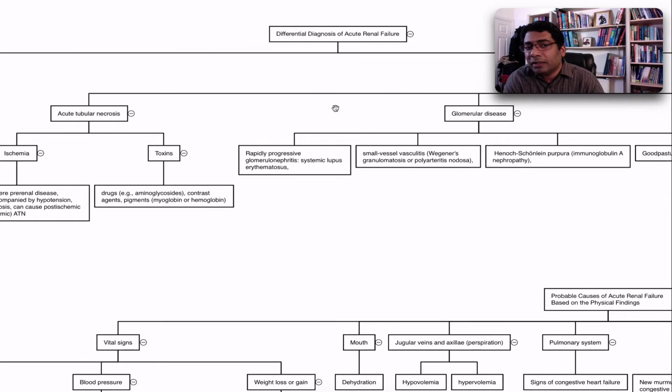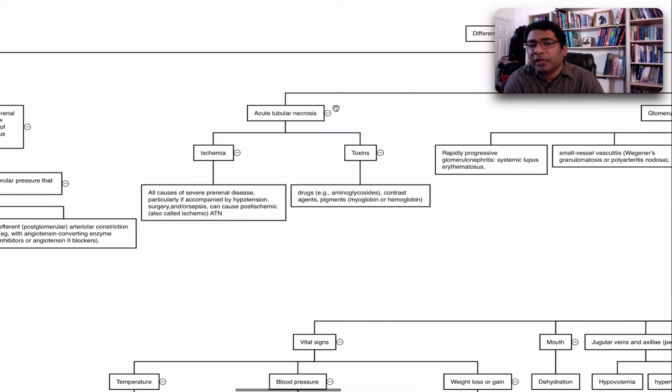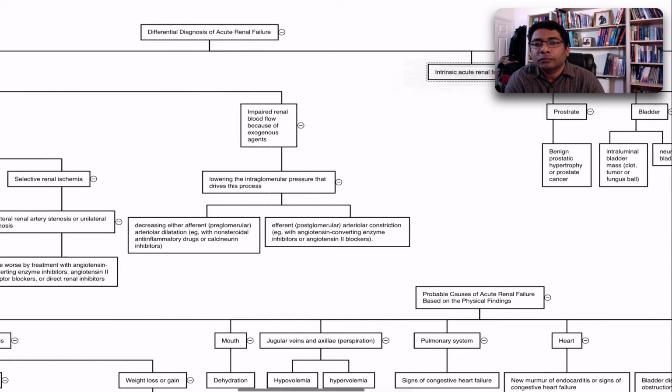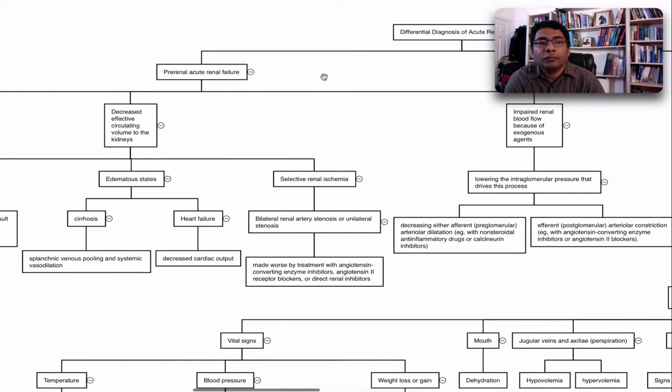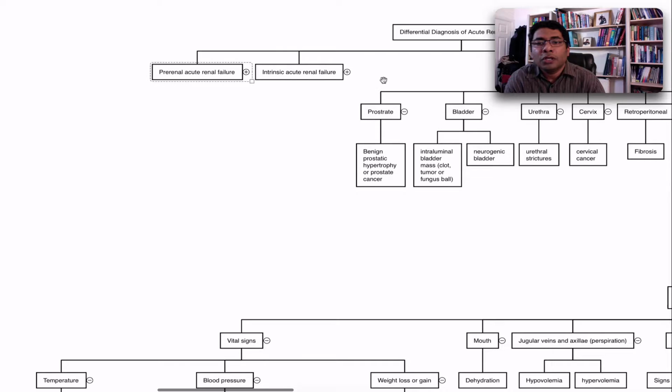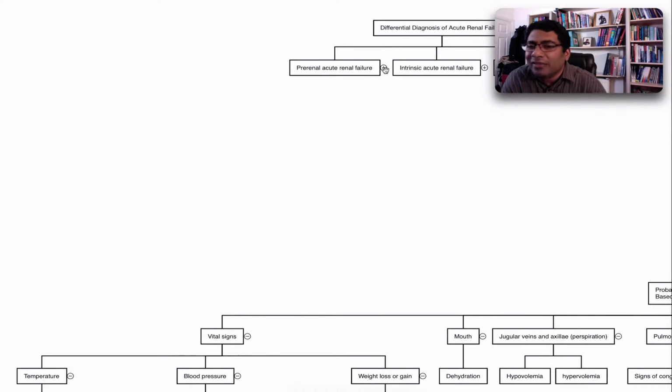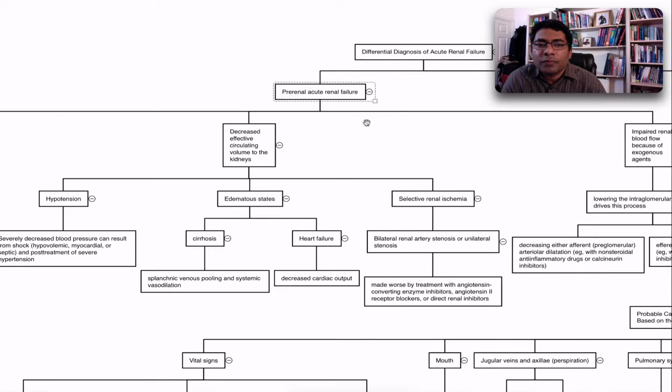Now let's look at the differential diagnosis of acute renal failure. So we're looking at pre-renal, intrinsic acute renal failure, and post-renal acute renal failure. How do we arrive at these diagnoses?